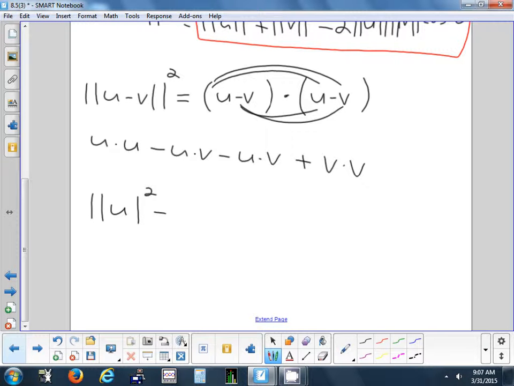Now, u dot v, I can't really change to magnitude, but I can combine them. I have a minus u dot v and a minus u dot v. What would that combine to? Negative 2 u dot v. You have 2 of the u dot v's, and they're negative. And the last part, v dot v, is the magnitude of v squared. Good.